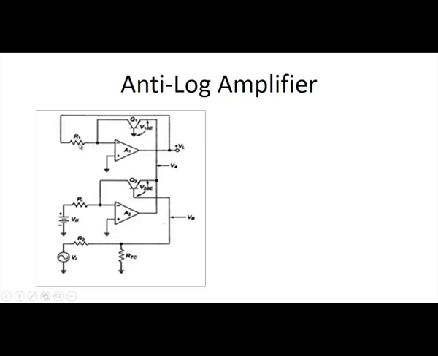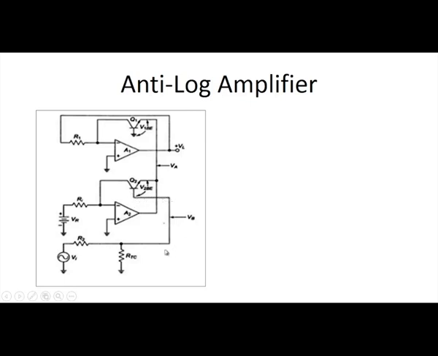From A1 you are getting the output, and in the feedback path there is a BJT, say Q1 for A1, and the emitter of Q1 is connected to the emitter of Q2, which is placed in the feedback path of A2. So, these two emitters are connected. Q1's base is grounded, but not for Q2. The base of Q2 is not grounded.